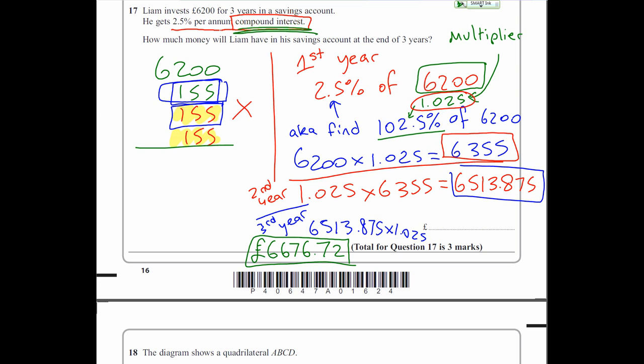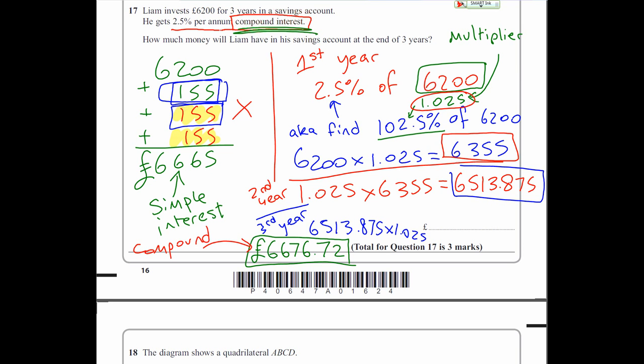Let's see what mistake you might have made, what answer you could have given. 6,200, add 155 times 3. This is called simple interest. 6,665, simple interest. This one, compound interest. I know which one I would rather have.